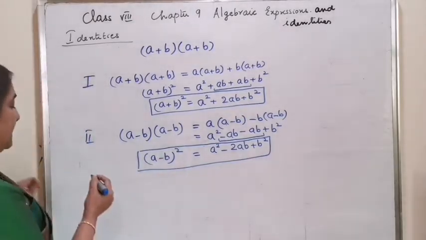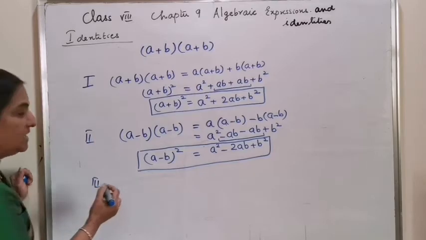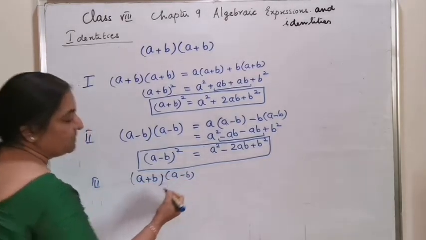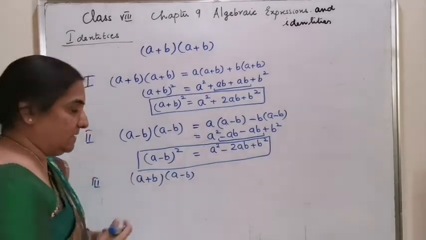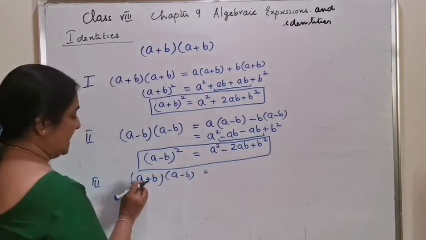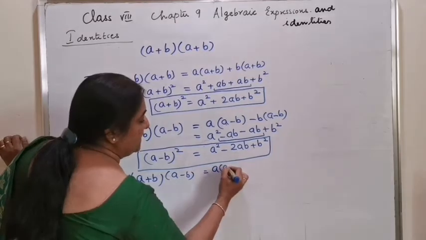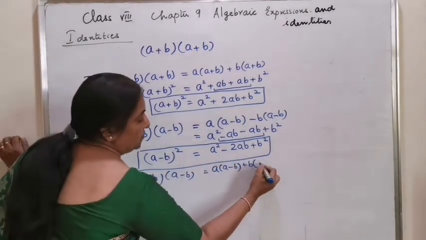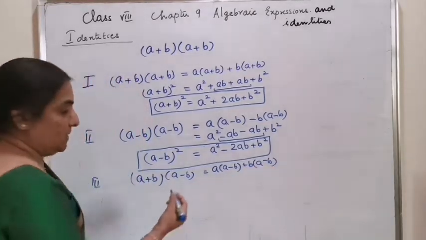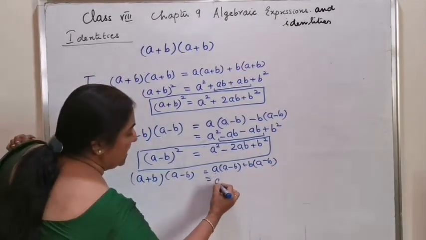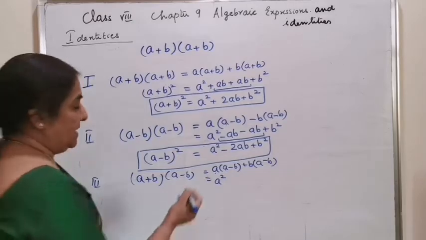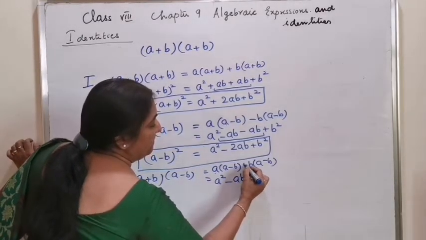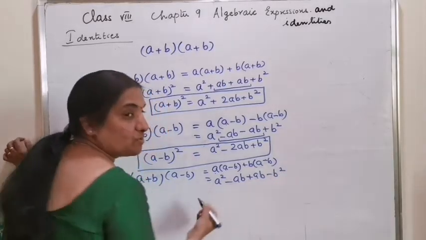What is the third product you are going to take? It is (A plus B) into (A minus B), to get the third identity. The same expansion: A into (A minus B) plus B into (A minus B), which is the same as A into A is A square, minus AB, plus AB, plus into minus is minus B square.